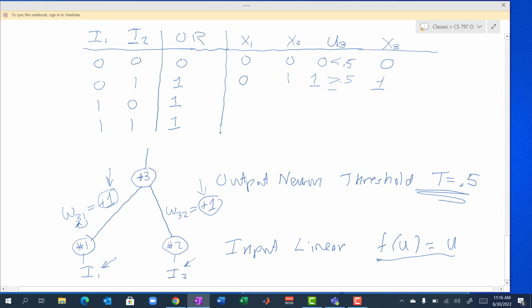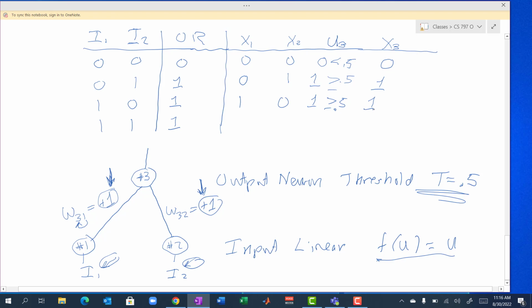Next set, we put a 1 in here and a 0 in here, so we have 1 times 1, 0 times 1, so we get a net input of 1 greater than the threshold, and so the output is 1.